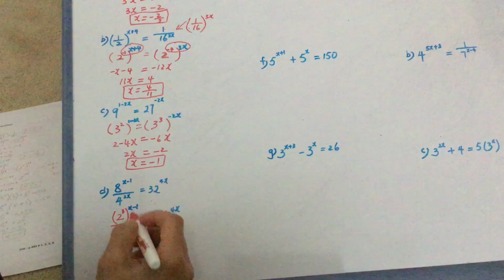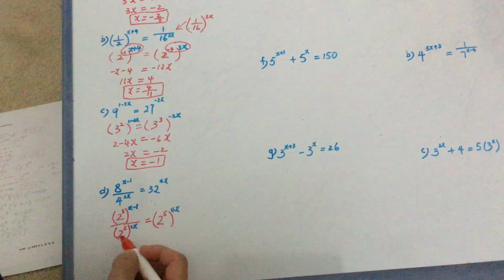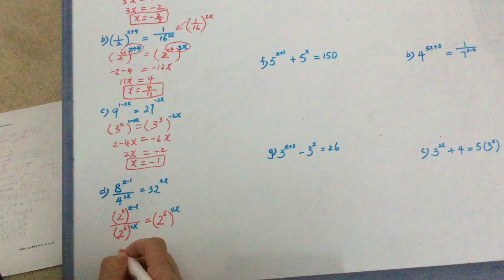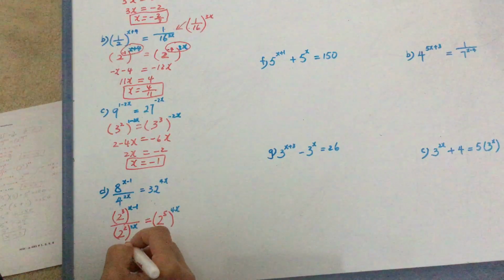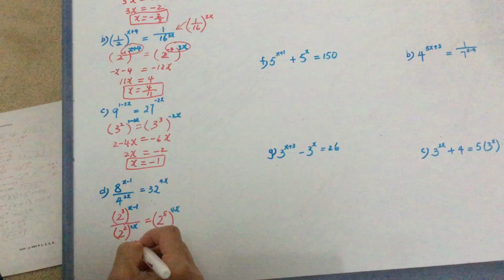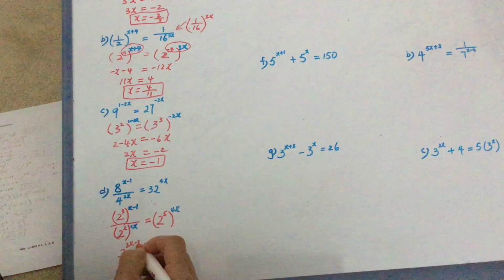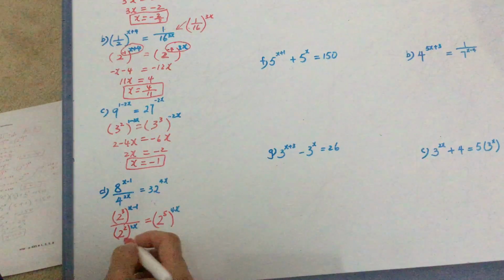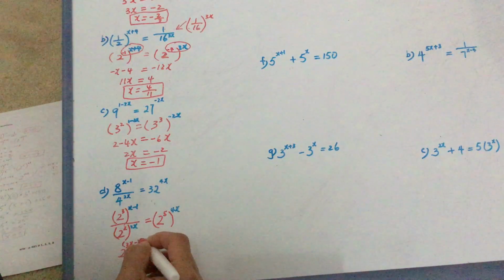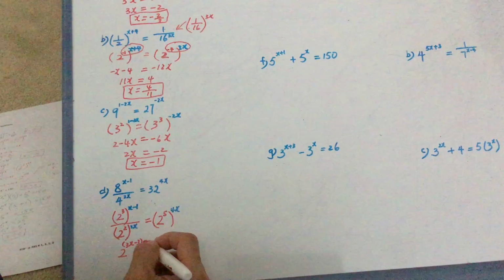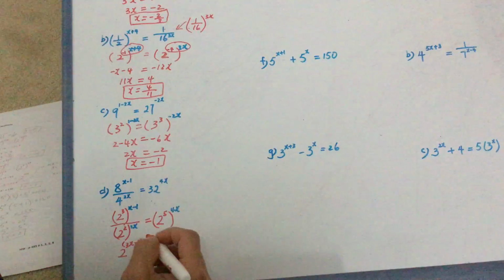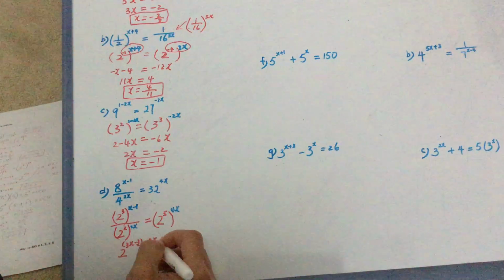Okay, so now on the left side you should end up with a 2 with the 3x minus 3. But because they have the same base, this exponent of the numerator should be subtracting the exponent of the denominator, which is 4x.